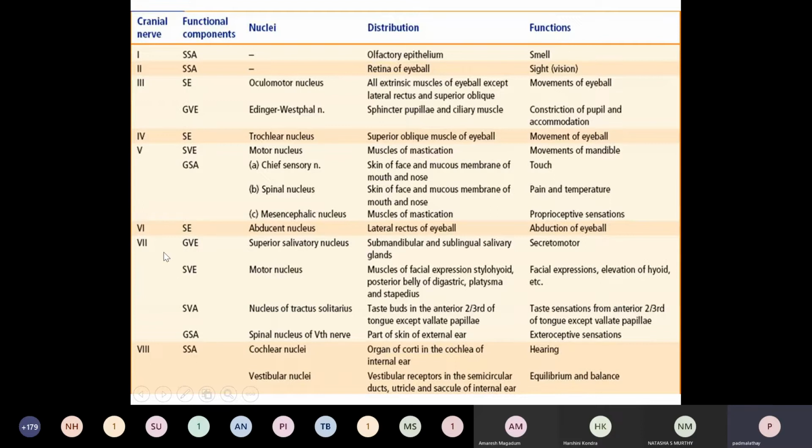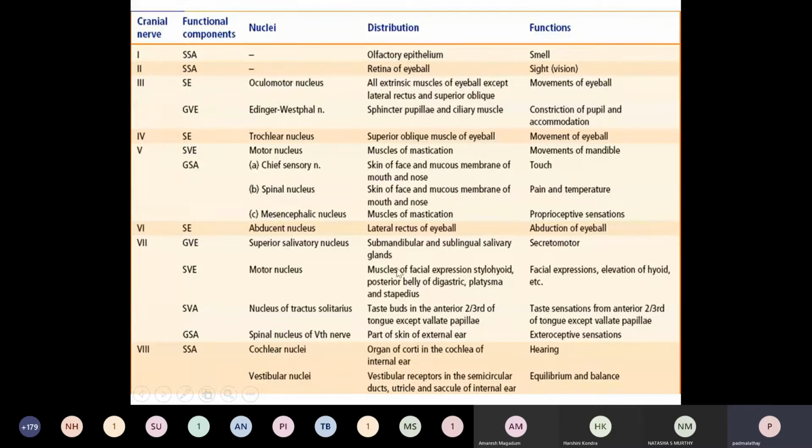Then we have seen the facial nerve, where there is the salivatory nucleus, the motor nucleus and the nucleus of tractus solitarius. The salivatory nucleus supplies the submandibular glands, which are called secretomotor fibers. The motor nucleus supplies the muscles of facial expression and the stylohyoid muscle.